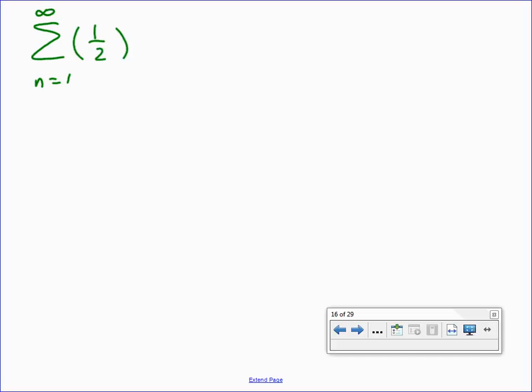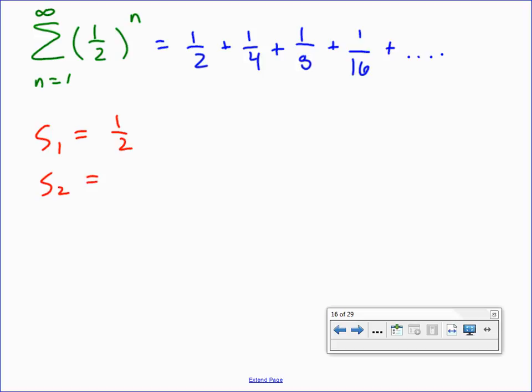When we had 1/2 to the n, and we considered our partial sums, we had our S sub 1, our S sub 2, our S sub 3, and our S sub 4.